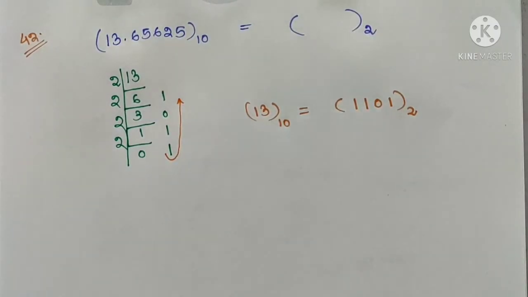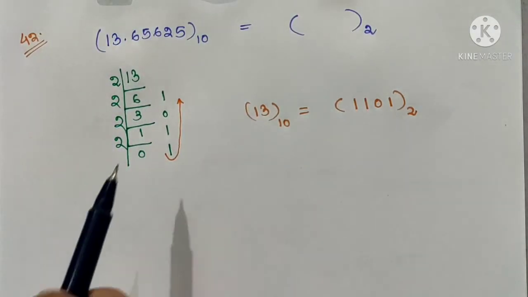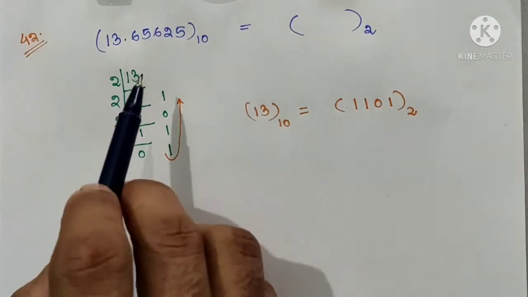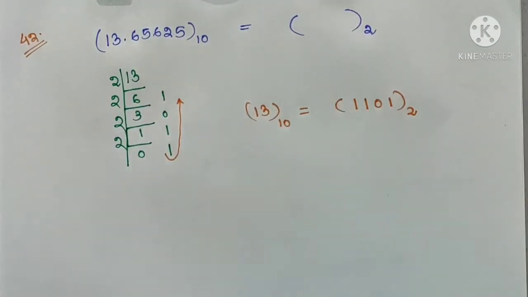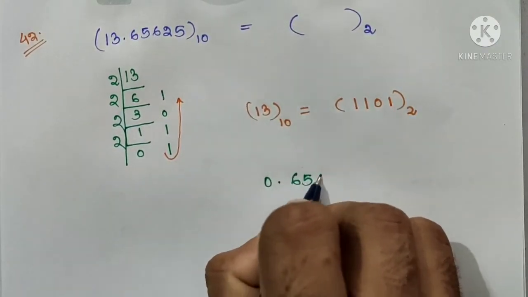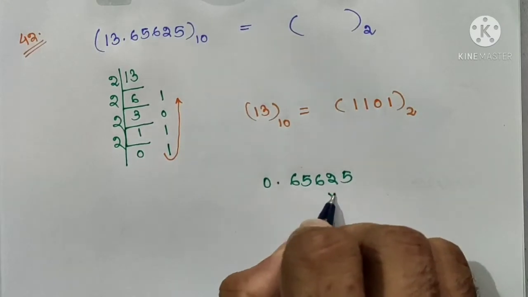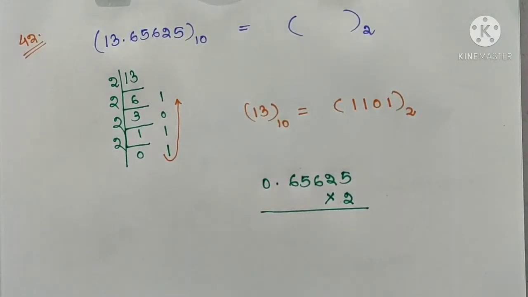Now the number after the decimal point, to convert it into binary, we have to multiply this number with the base of the binary number system, that is 2. 0.65625 multiplied with 2, and we have to keep multiplying with 2 until the fractional part becomes 0.